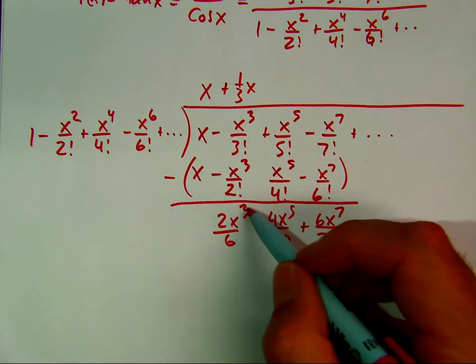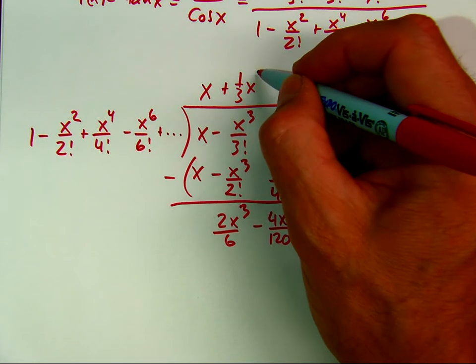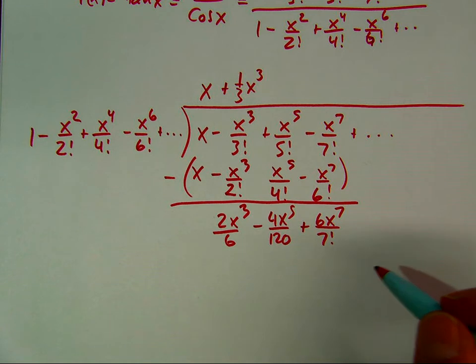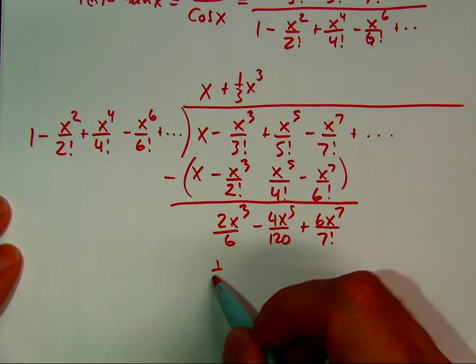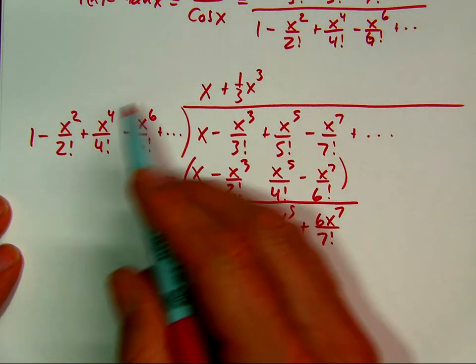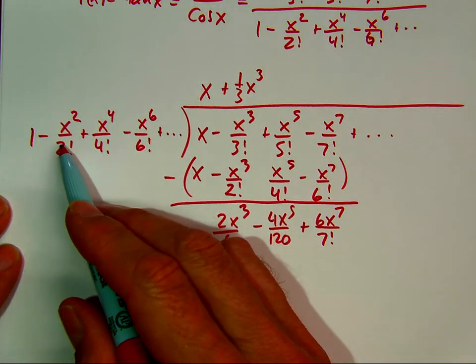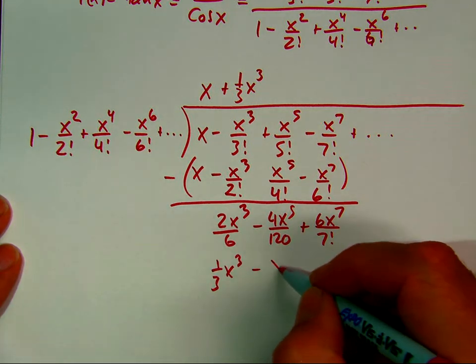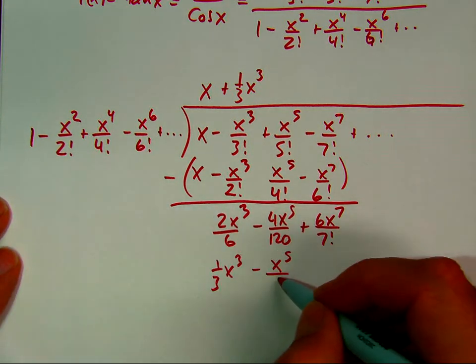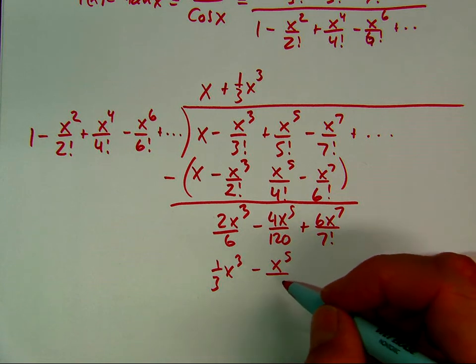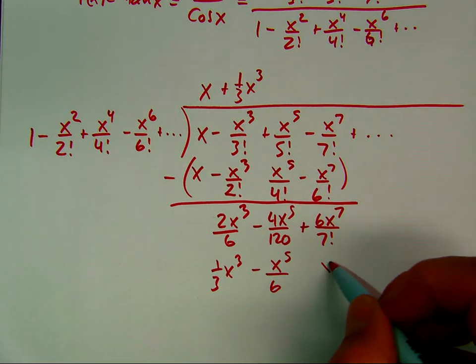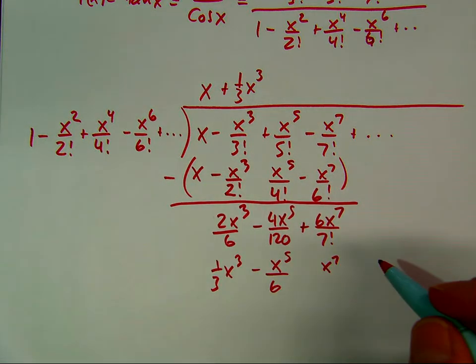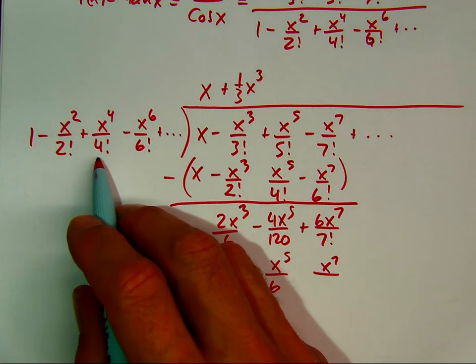Here we want x cubed, that's a 1, so we have to multiply by x cubed. 1/3 x cubed times 1. 1/3 x cubed times that will give us negative x to the 5th over 6, and we'll multiply times this, we'll get x to the 7th. 1/3 times that will be 72, because that's 24 times 3, 72.